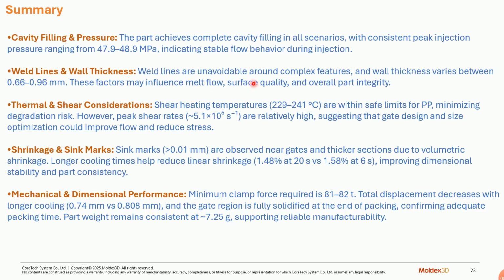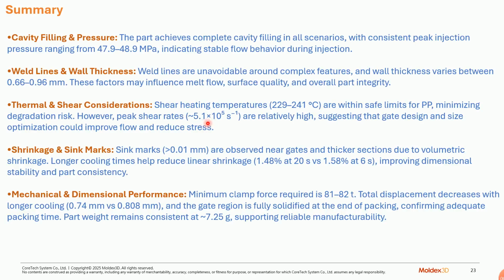Moreover, while studying the wall thickness of the particular component, we observed this part has uneven wall thickness: some areas have 0.66 millimeter wall thickness, other areas have 0.96 millimeter. Then shear heating: during the molding cycle, the minimum temperature of the plastic material is 229 degrees Celsius, maximum is 241 degrees Celsius. So within this window, the polymer won't get degraded.